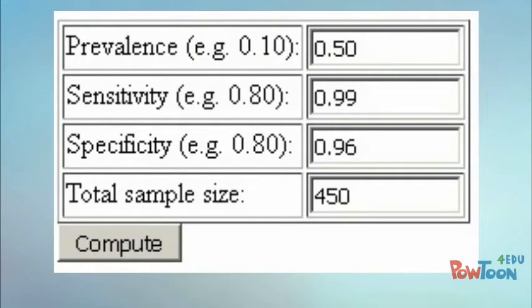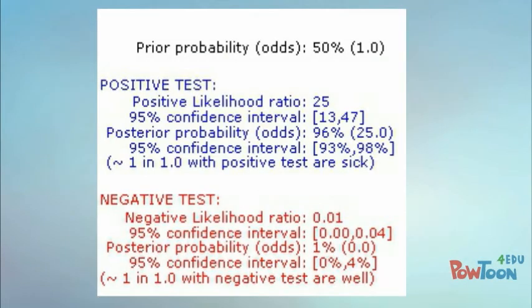I filled in prevalence, which is the same as pretest probability, as 0.5, and the sensitivity and specificity, along with a sample size of 450. This is the output, showing the positive likelihood ratio of 25 and posterior or post-test probability of 96%. The negative likelihood ratio is 0.01, so if the test was negative, the post-test probability would be 1%.